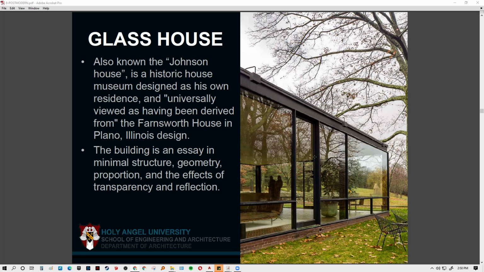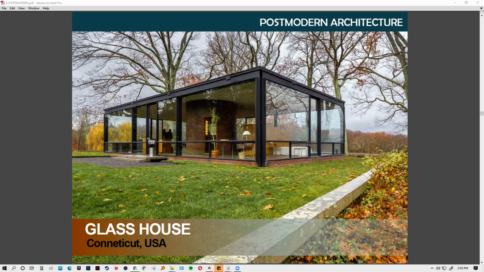So the main supporting structure is within the interior. So this is serving like a showroom or a gallery. So this is the main structure, or the main support, and also the steel support at the corners.